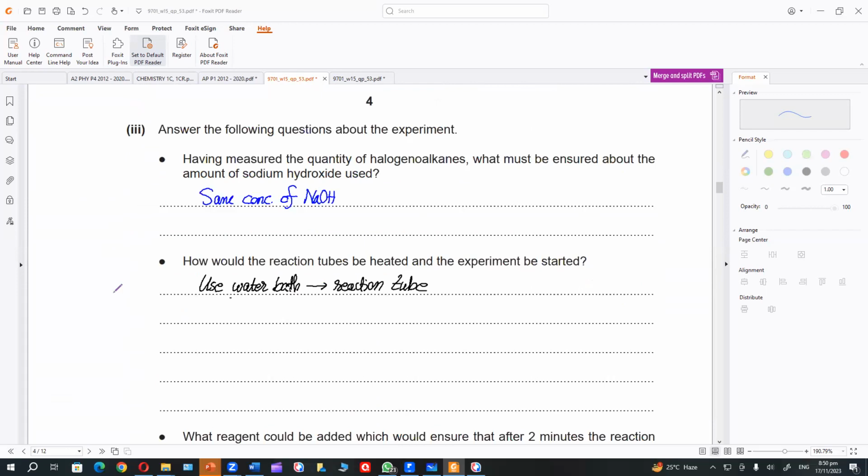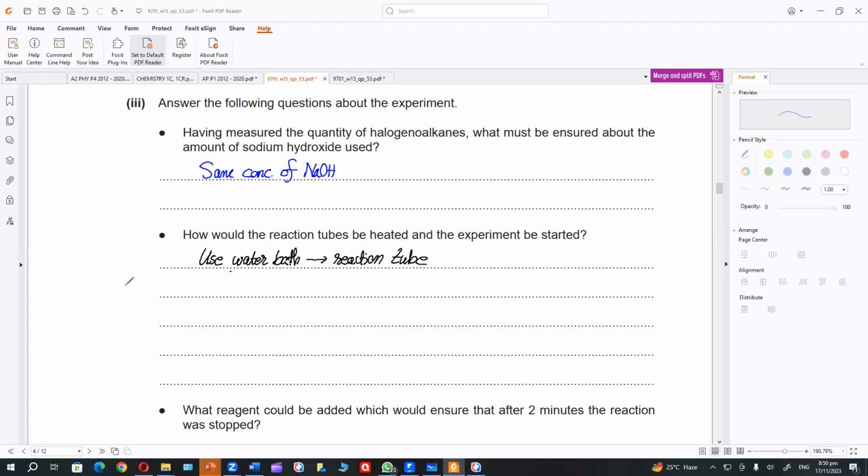So when there is a flammability issue, we should not heat it directly. We are using a water bath.